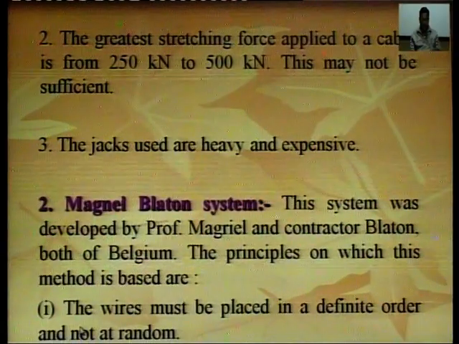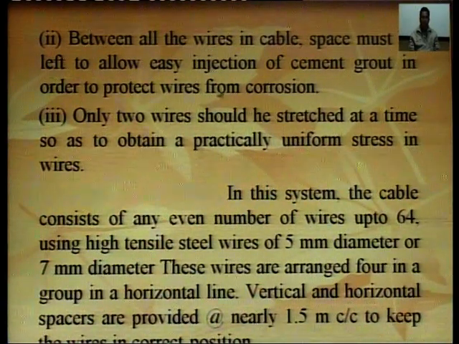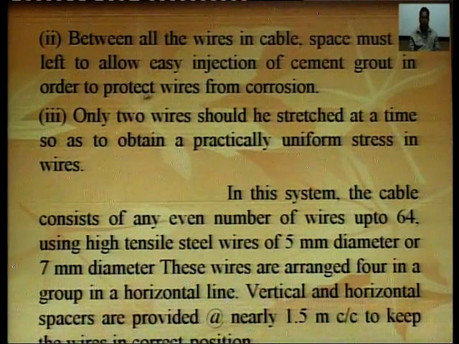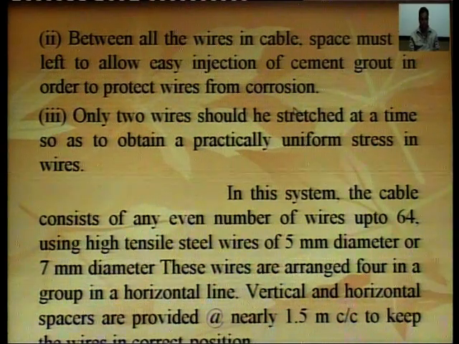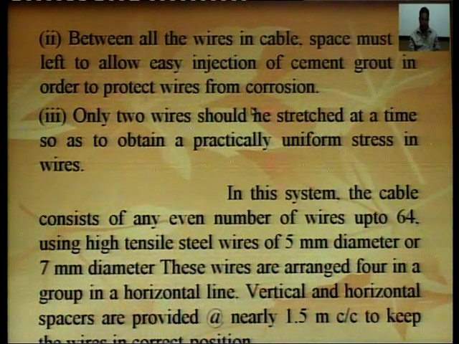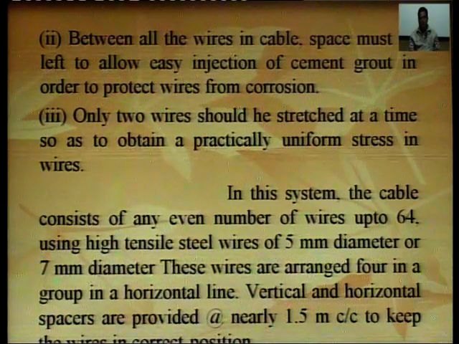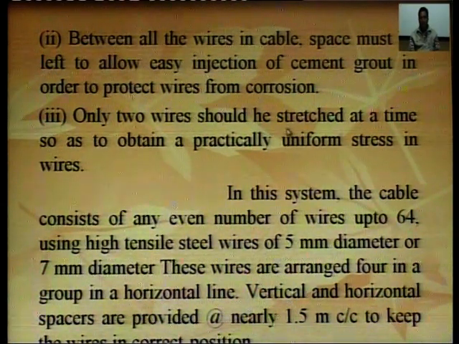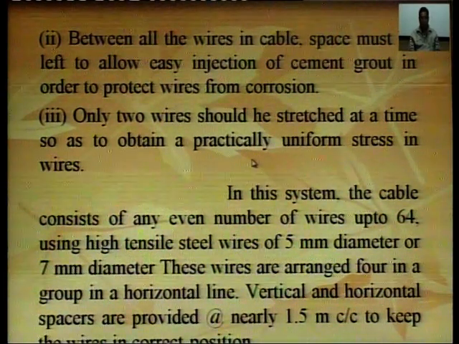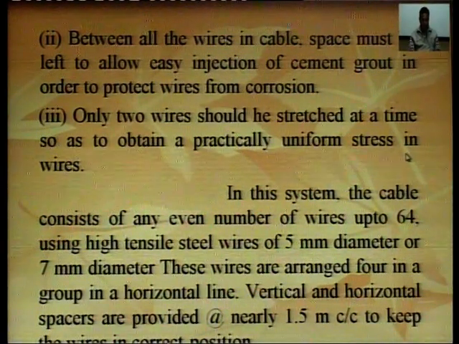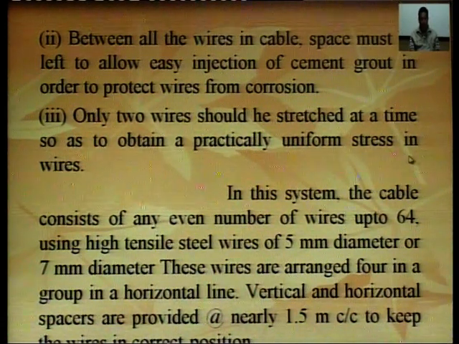There should be sufficient space between all the wires in the cable, so that space is left to allow easy injection of cement grout in order to protect the wires from corrosion. Third, only two wires should be stretched at a time so as to obtain a practically uniform stress in the wires. So, in this system, wires are not stretched altogether, only two wires are stretched at a time.